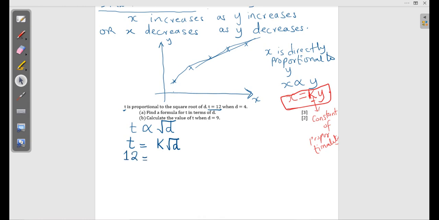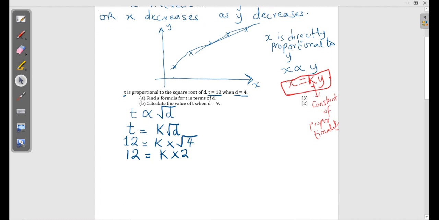K is unknown, and my D is 4, so square root of 4. And that gives us 12 equals K times 2. Which means we're going to have 12 equals 2K over 2 over 2. 2 goes with 2, and K is equal to 6. So this is your constant.